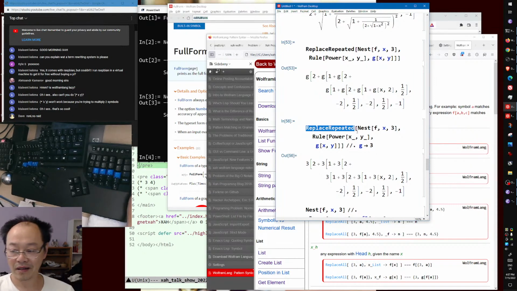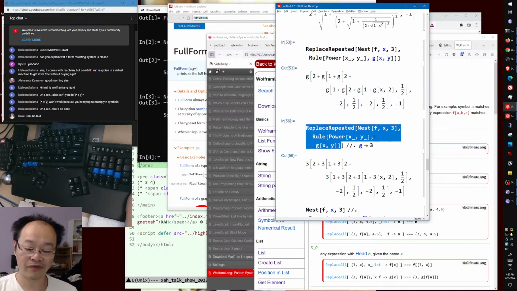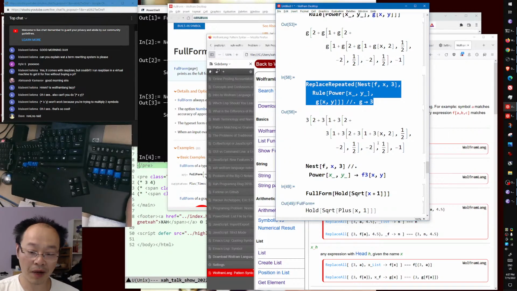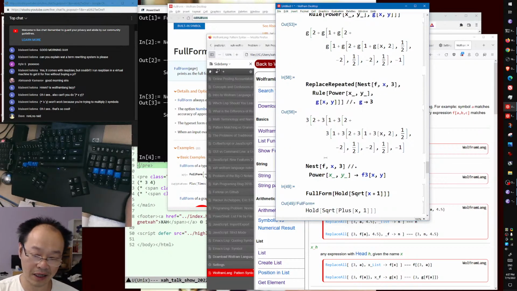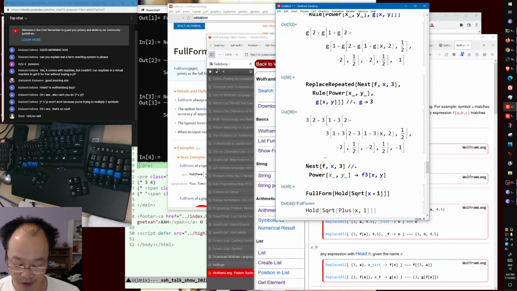The analogous of string is a sequence of symbols, and you replace them by the pattern, which becomes symbolic pattern syntax, analogous to regular expression.